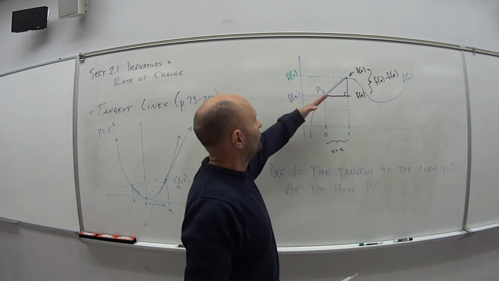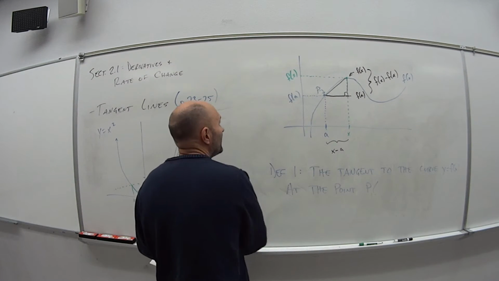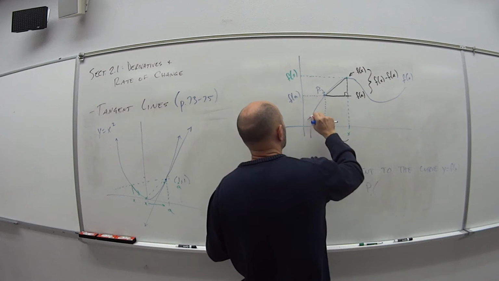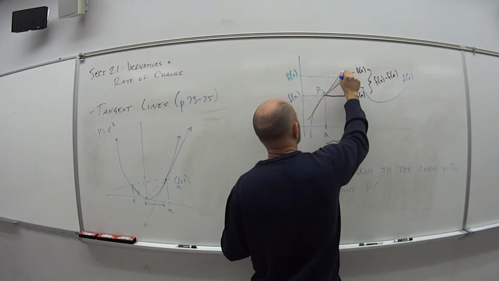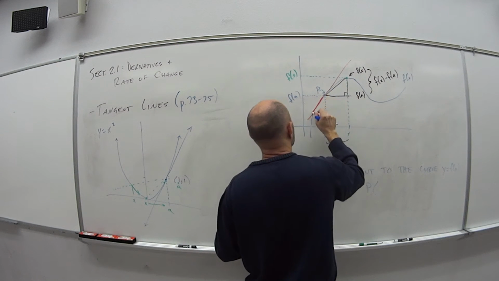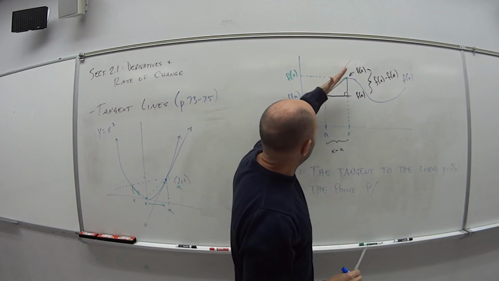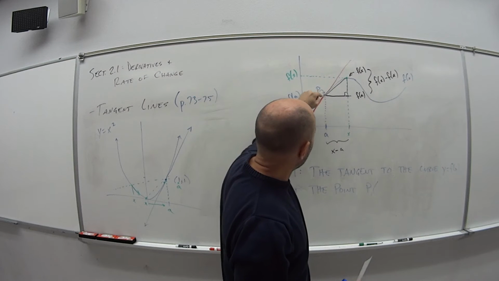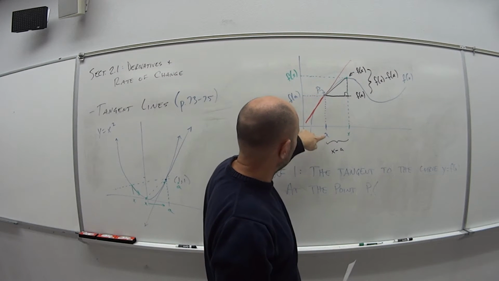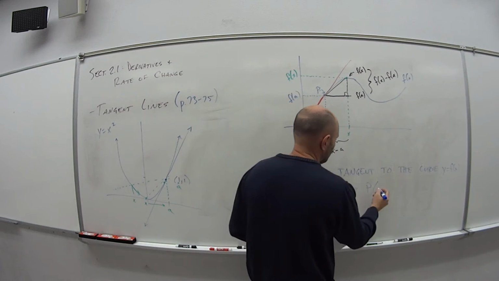So P is that point. So if we wanted to know the tangent line at our point P, not very straight, sorry about that. So this red, if that's the tangent line to the function at that point P, which has values what? A and f of a.